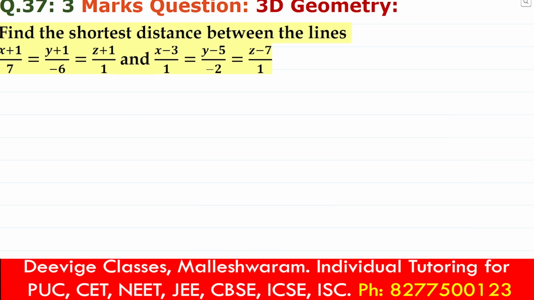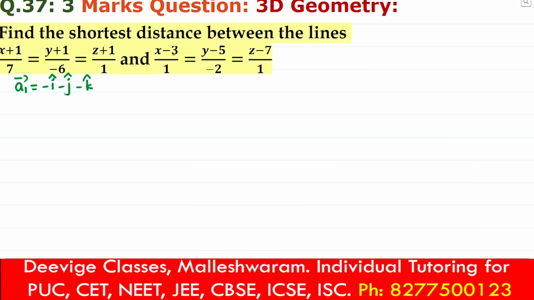Okay. First, write down the values of a1, a2, b1, b2. The general form of Cartesian is (x − x1)/a. Here, in the place of x1, we have +1, so x1 is equal to −1. Therefore, vector a1 is equal to −i cap − j cap − k cap.